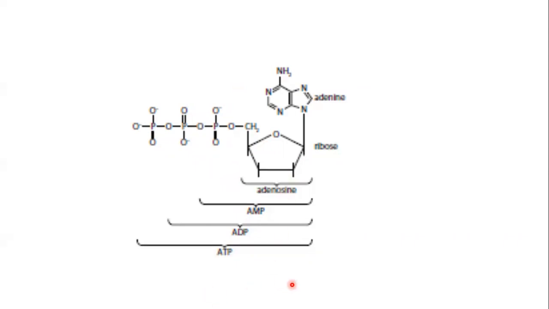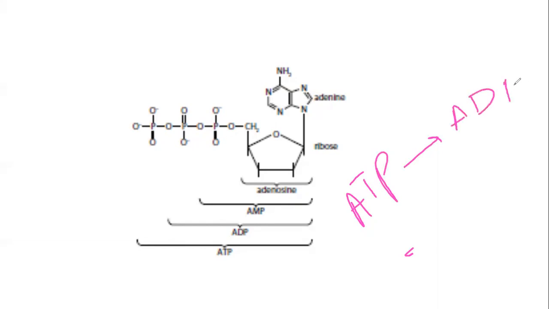Now, generally what happens is that whenever you're using ATP for energy, whenever you're breaking down ATP for energy, what do we normally do? We normally do a hydrolysis reaction and we break down our ATP into ADP.